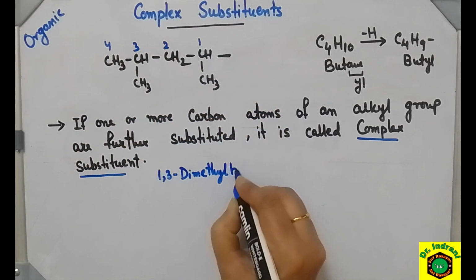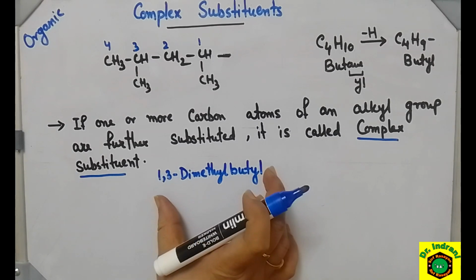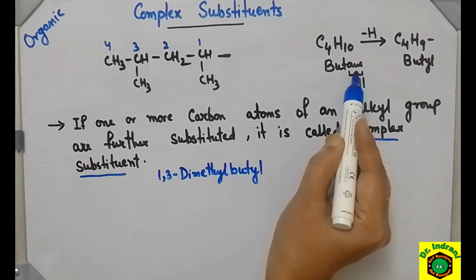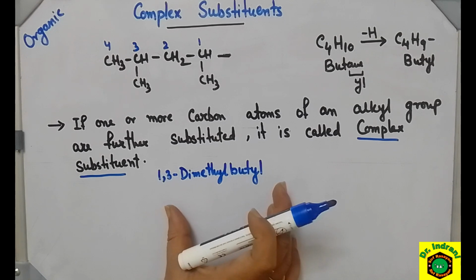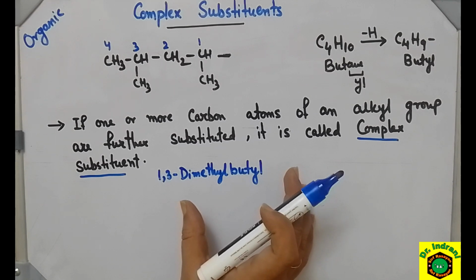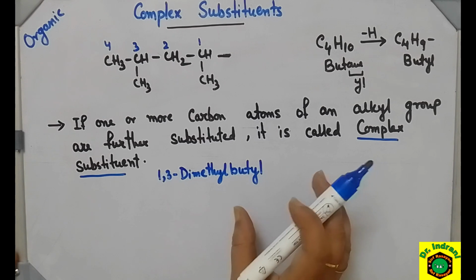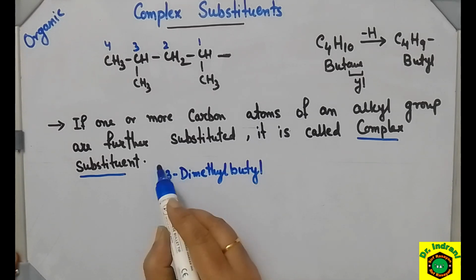Butyl, because this is your substituent, means alkyl group. Alkyl group means ANE will be replaced by YL. So the name of this will be 1,3-dimethylbutyl. Now how to do naming when it is present in an alkane, we will see. Another thing you have to remember: the name of the complex substituent is placed in bracket.